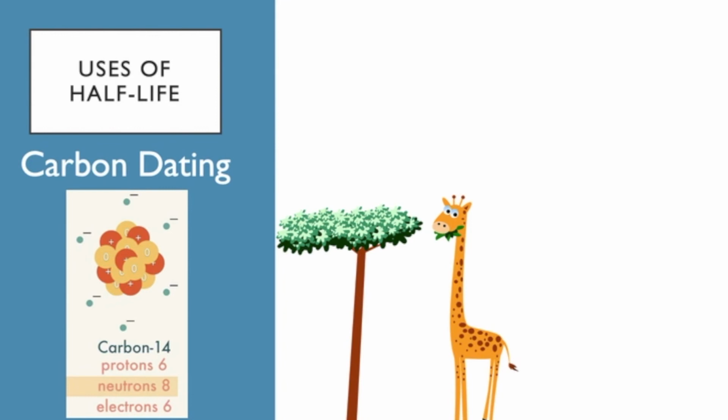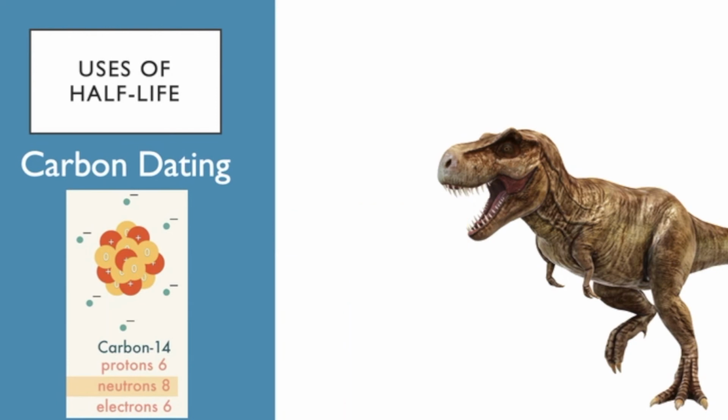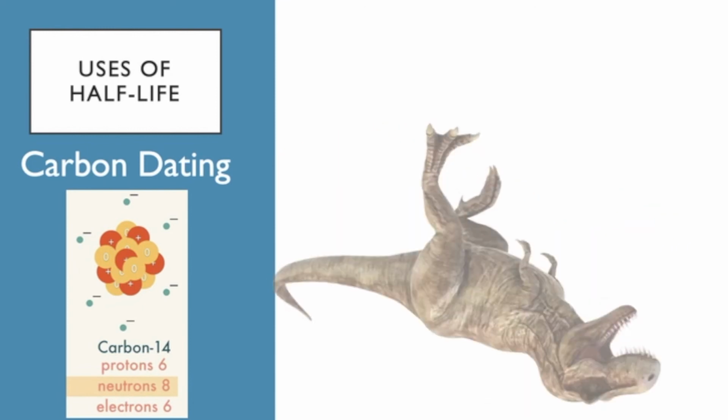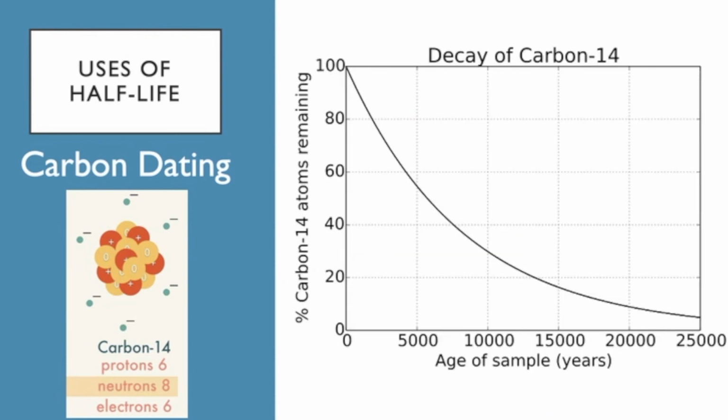So the giraffe eats the tree, the dinosaur eats the giraffe, and then all of those things, including the dinosaur, die. So the carbon-14 it contained at the time of death decays over a long period of time, and the radioactivity of the material decreases.